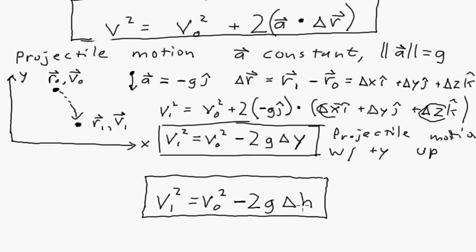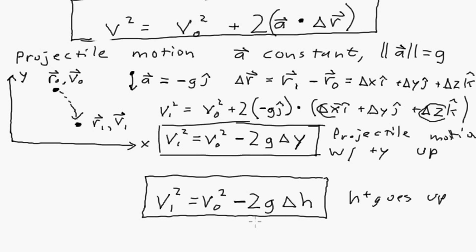We might choose y to be vertical, we might choose z to be vertical, we might choose for some reason x to be vertical, but this just says the change in height, and an increase in height just means you're going up, you're going away from gravity. So we can say positive h goes up. And this can apply to any coordinate frame we choose.